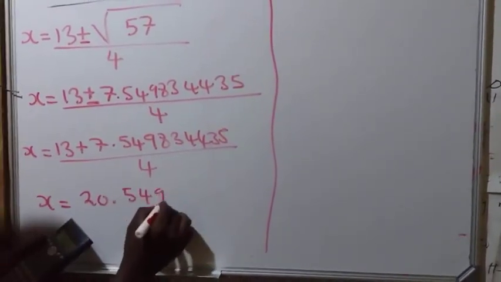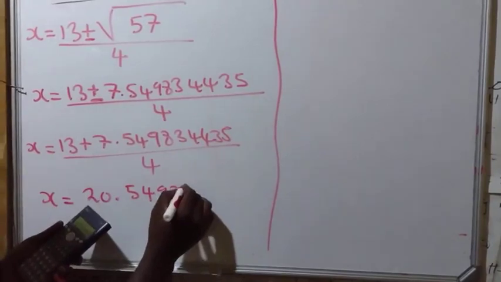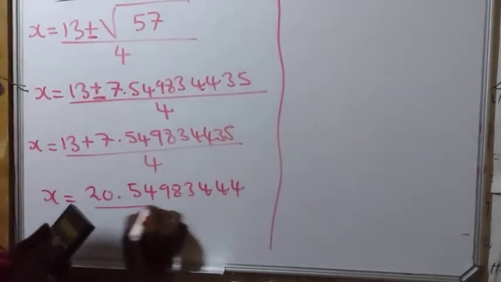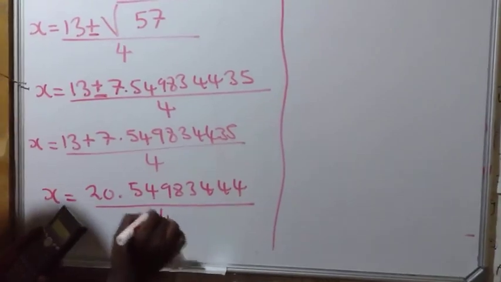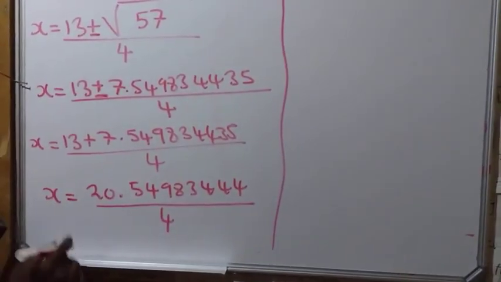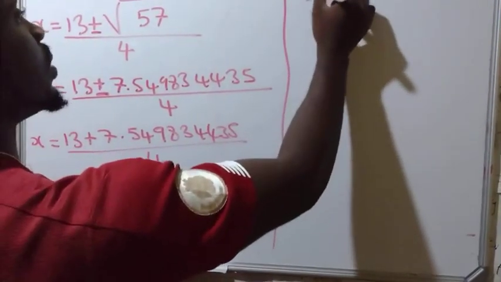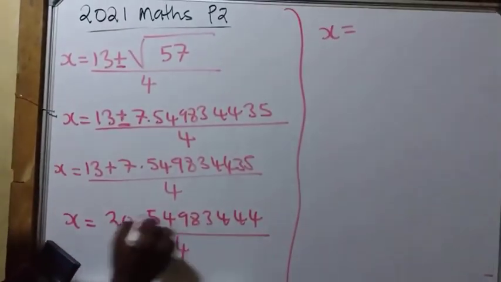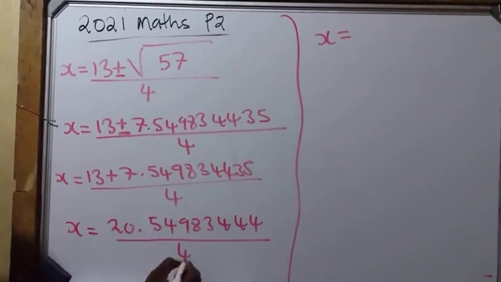You are also doing the calculations wherever you are so that we get the same values, because I might make a mistake here. So when you add this and this, you get this over the denominator 4.